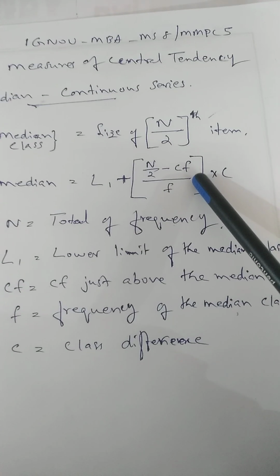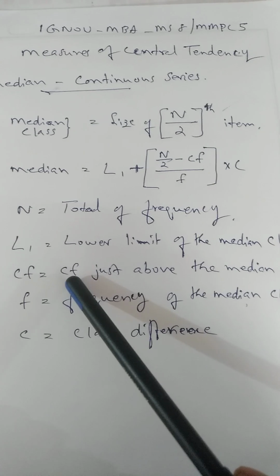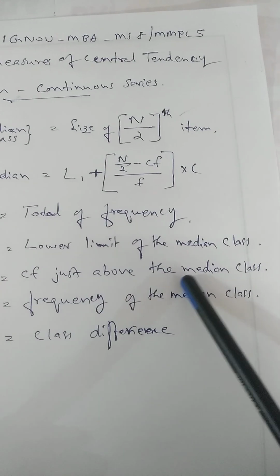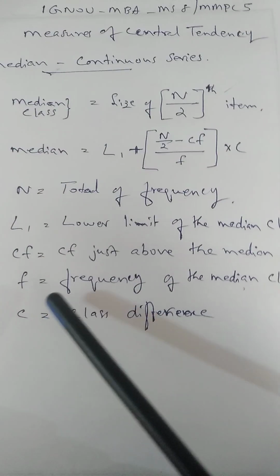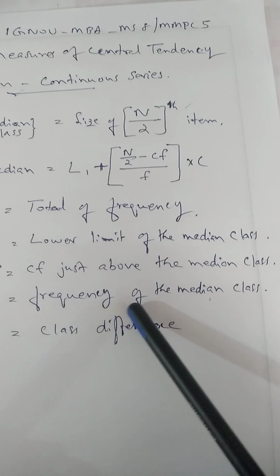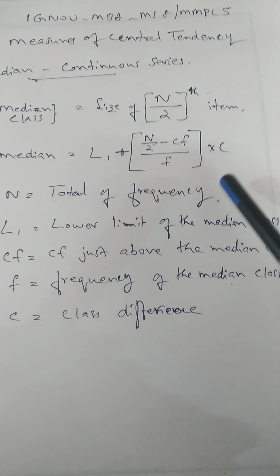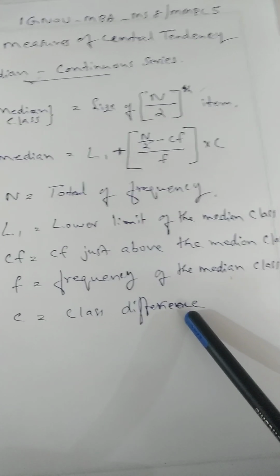CF means cumulative frequency just above the median class. F indicates frequency of the median class. C is equal to class difference.